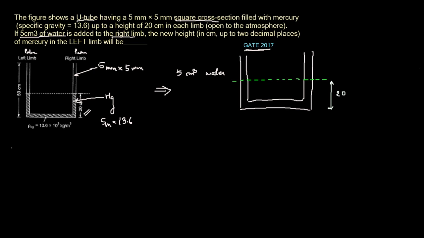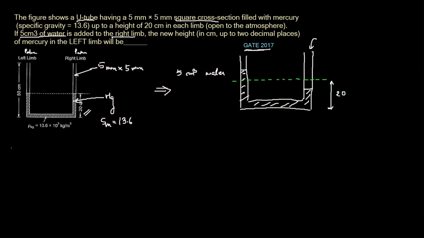When water was added, the mercury will be pushed. Since water is added here in the right limb, the mercury will go above the initial level here and below the initial level there. So this will be mercury, and there will be water.